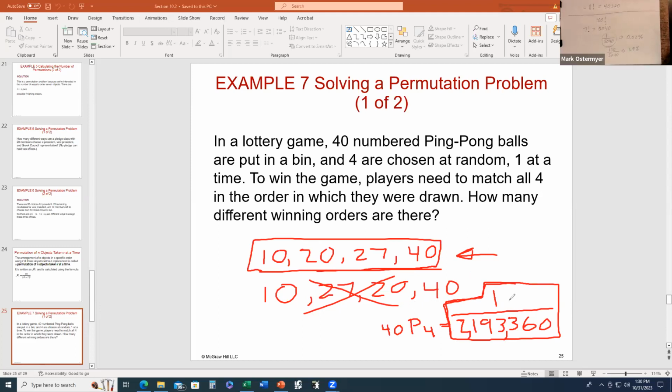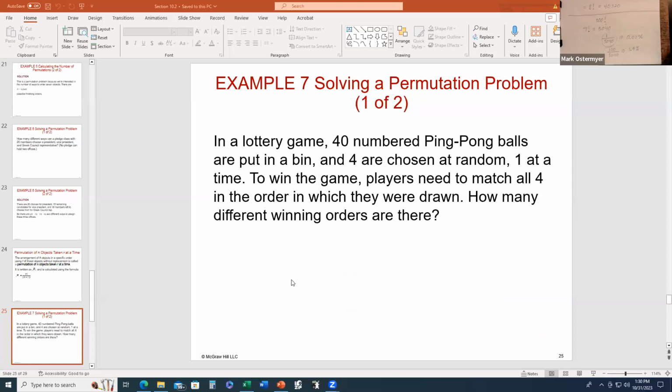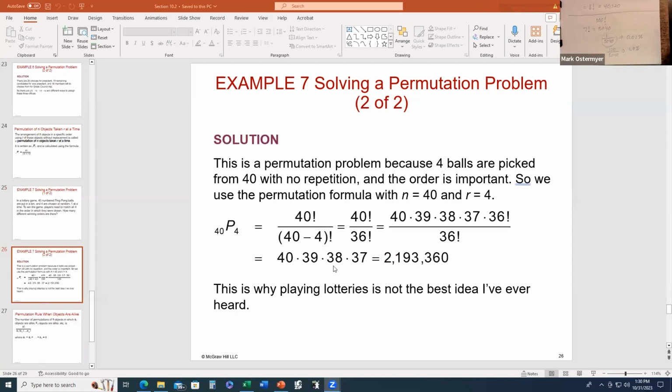You have a better chance of getting struck by a lightning bolt walking to your car than winning the lotto, in all honesty, or having an F5 tornado come right through your living room. Oh, there are no F5s, by the way, but you still have a better chance. All right, any questions about that? All right, let's move on.